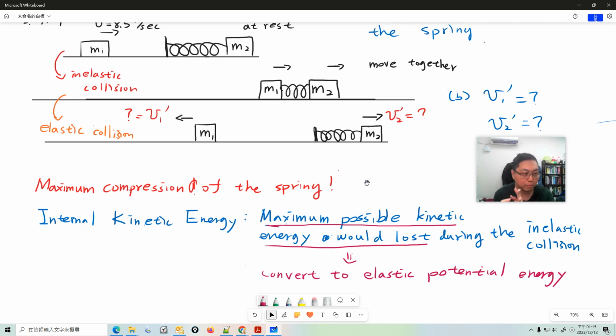That's why you will have the maximum compression. Okay, that's my idea.